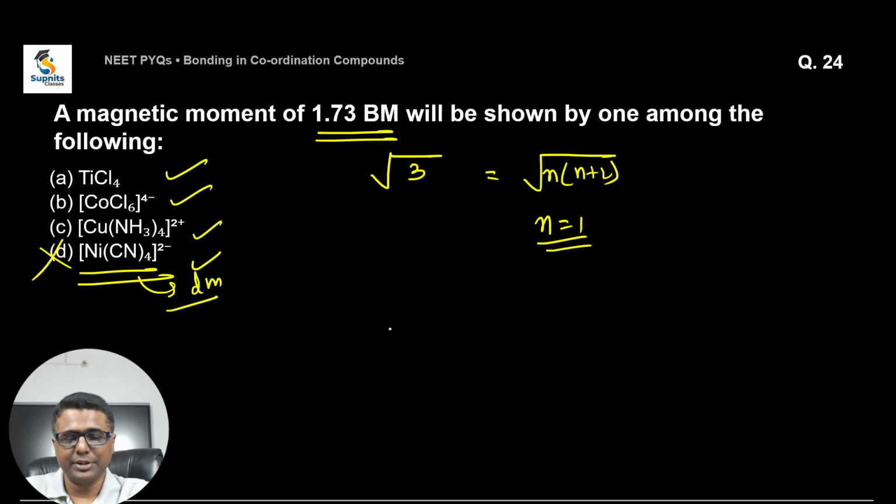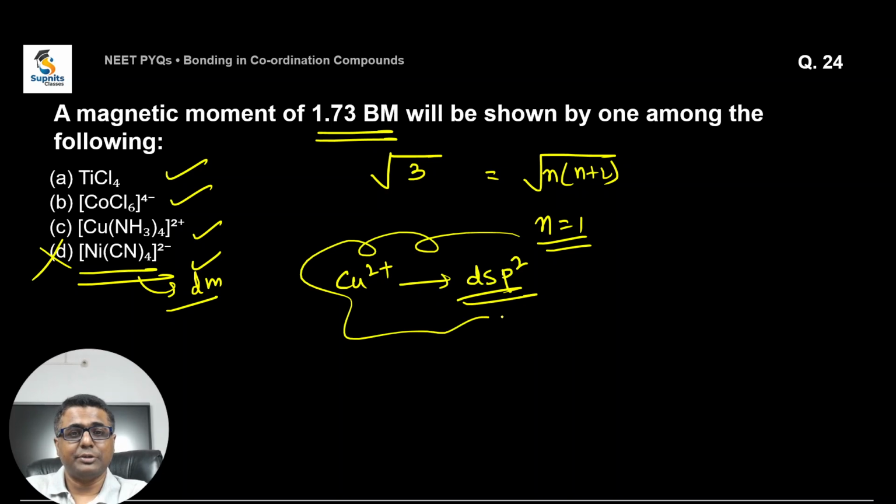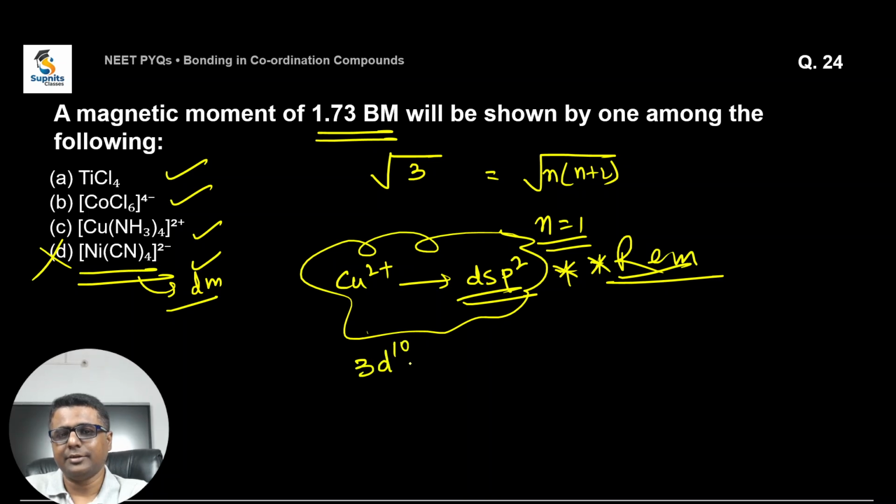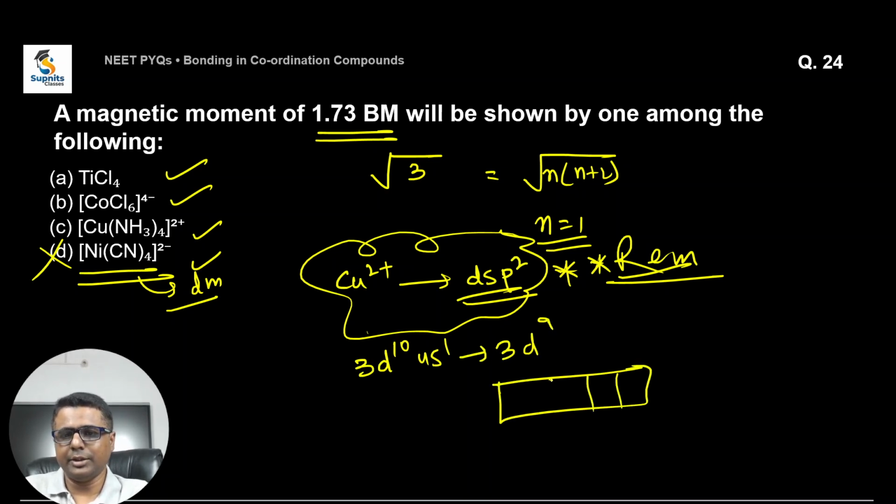Existing knowledge helps, right? Now I'll do the Cu2+. So Cu2+, you have to know this, dsp2. We have done this in class. dsp2 hybridization, please remember. Okay, so Cu is 3d10 4s1, so Cu2+ will be 3d9. So 3d9 should be like this.